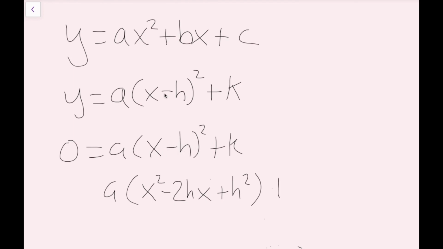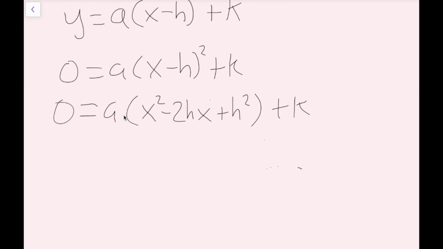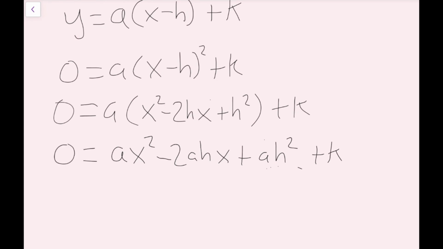This is all plus k, and all equal to 0 on the other side. Next, I'm going to distribute this a to all three of these terms. So I get ax squared minus 2ahx plus ah squared plus k, and that is all equal to 0.